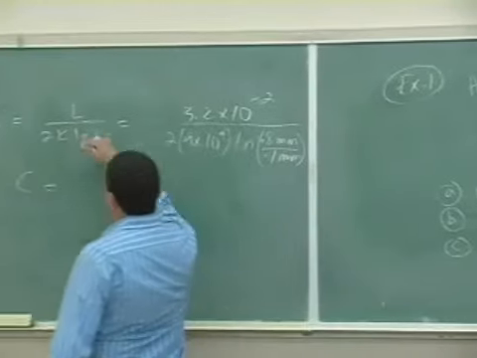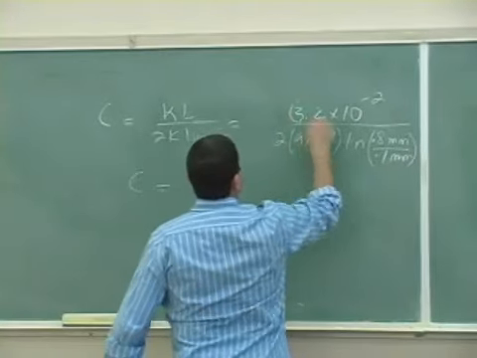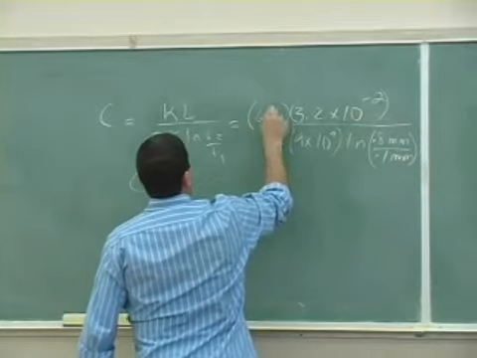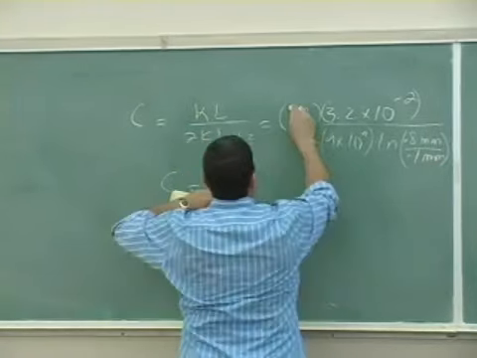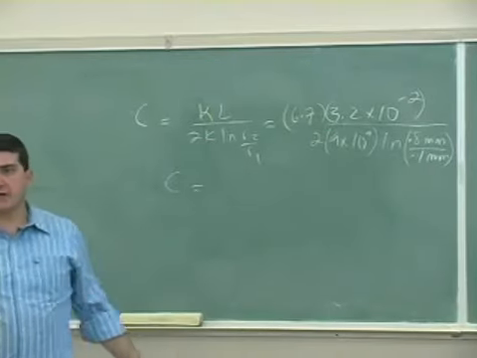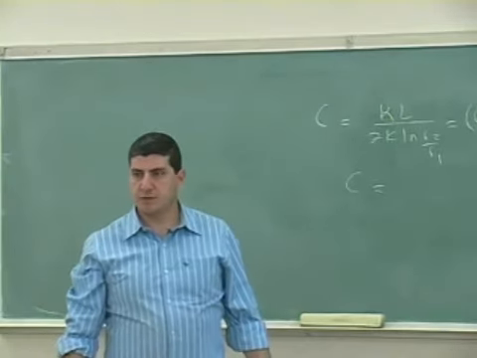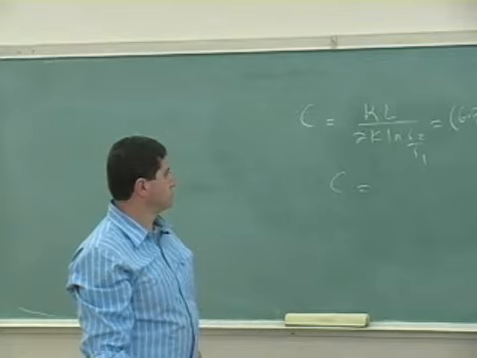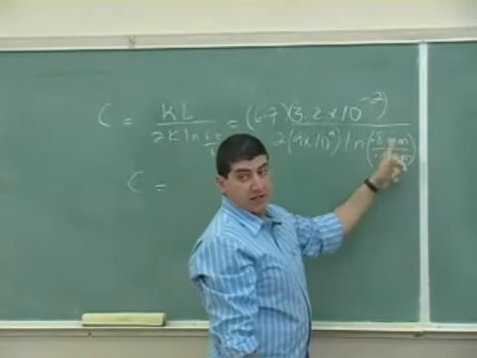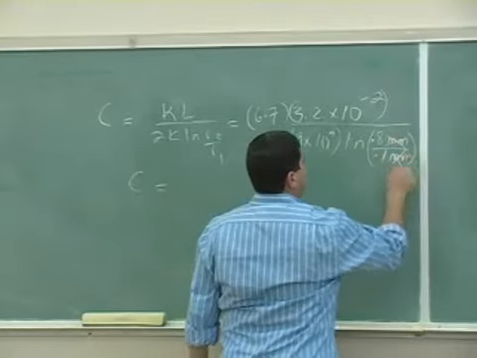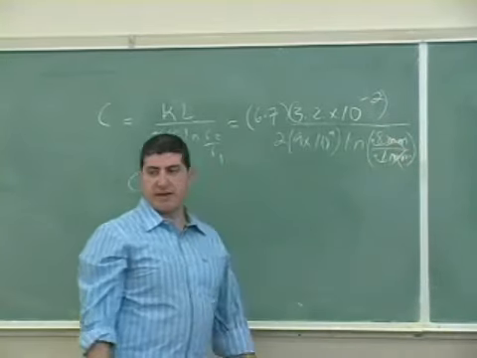So multiply this by kappa. Its capacitance is larger by that much. Now, the meter, you don't have to change this case because it's the same unit. So it'll just be ln of 8.